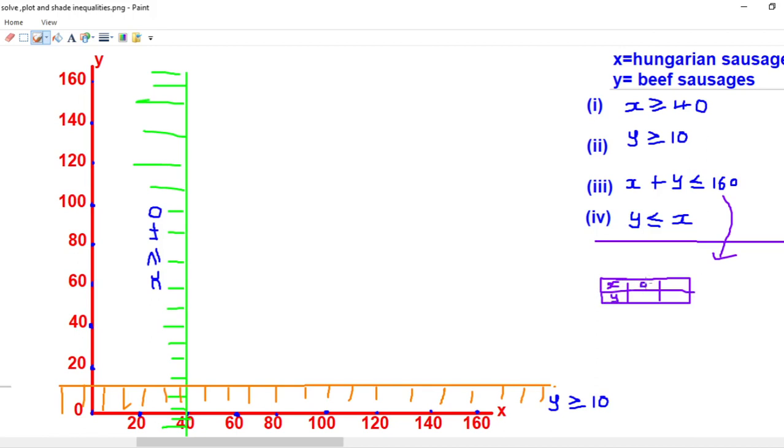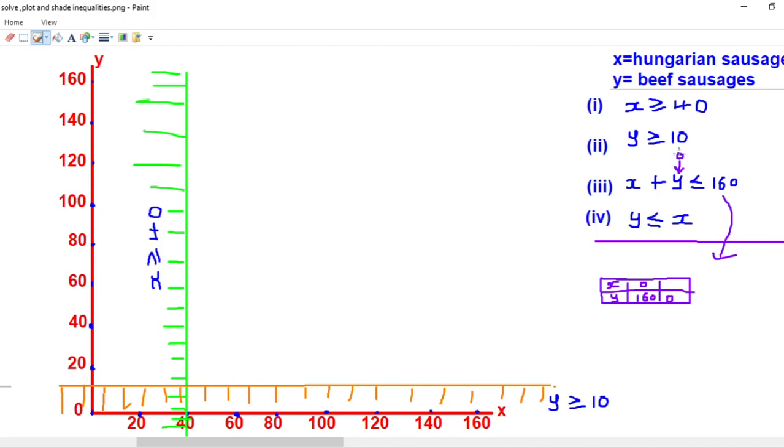We are going to assume in this inequality, if x is 0, what are we going to have as our y? Our y is going to remain 160, right? Good. And then you assume if your y is 0, what will be your x? You substitute 0 here.